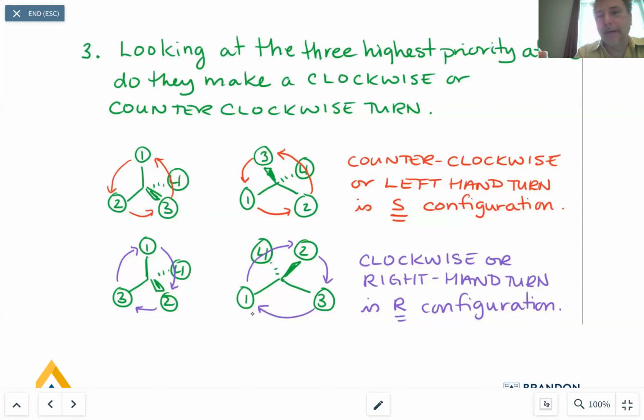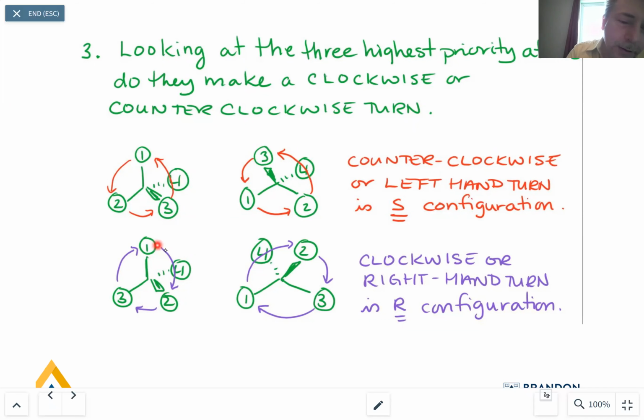I guess I need my little laser here. 1, 2, 3 in a clockwise fashion. 1, 2, 3, that's clockwise. Or is it going counterclockwise? 1, 2, 3. So we're only looking at the remaining 3 now. 4, because it's pointing away, we forget about it.